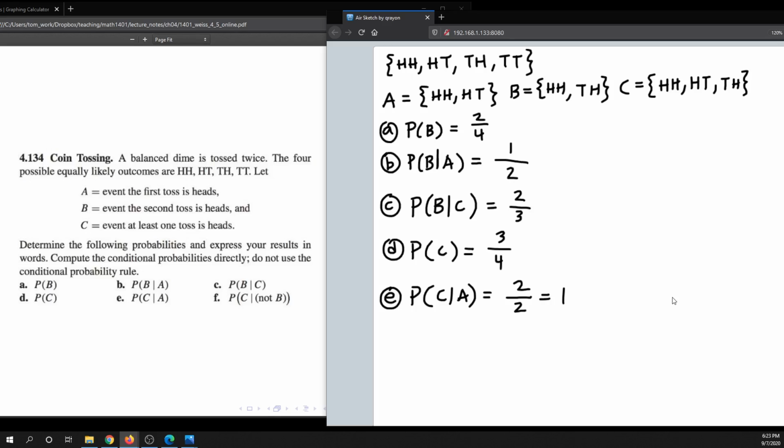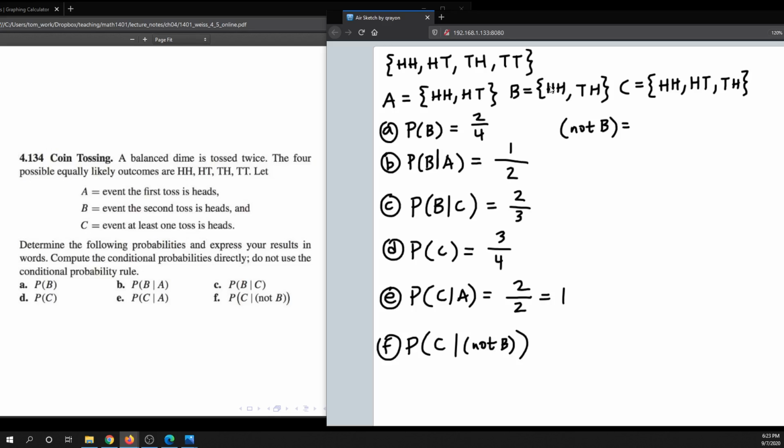All right, in part F, they want to know another conditional probability. That's the probability of C given not B. Not B, we don't have that listed out. So what we can do is just go up here and calculate out not B. Remember, not B would be the set of all elements of the whole sample space that are not in the event B. So I would just look.